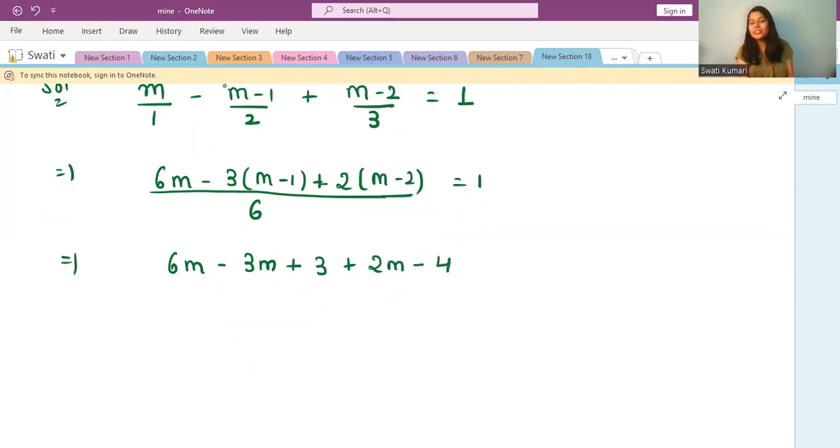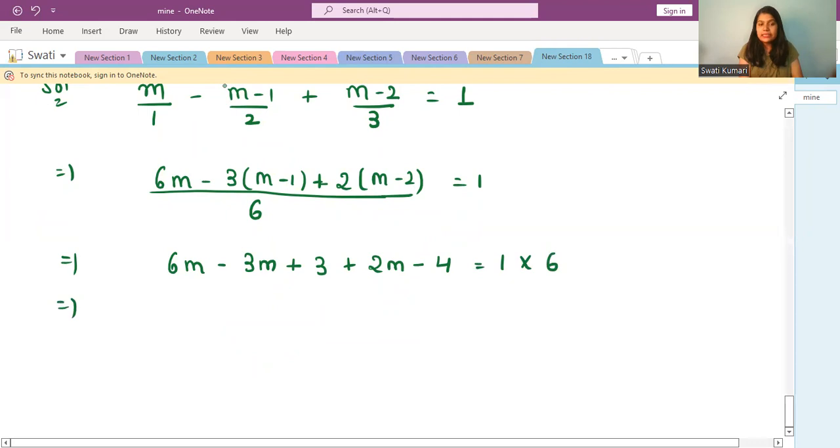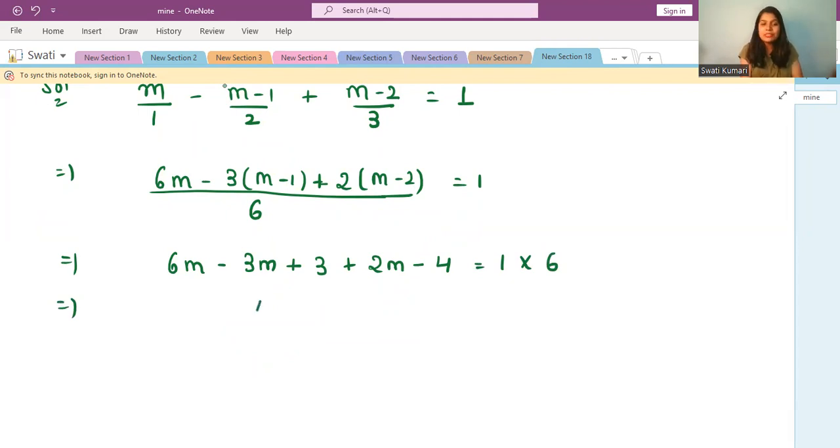We can directly shift this 6 to the other side because this is getting divided here. So when you shift it to the other side, this will get multiplied. So this will become 1 into 6. Now 6m minus 3m is 3m and 3m plus 2m is 5m. Now 3 minus 4 is minus 1 equals 6.